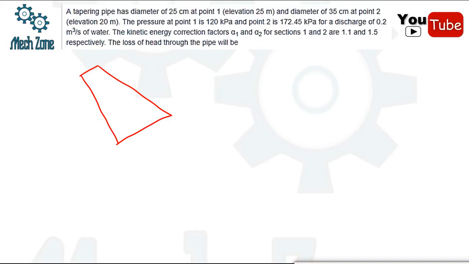Say this section is section number 1 and this section is section number 2. Here the elevation Z1 has been given as 25 meter and here Z2 has been given as 20 meter. The diameter here has been given as 25 centimeter and the diameter here as 35 centimeter.